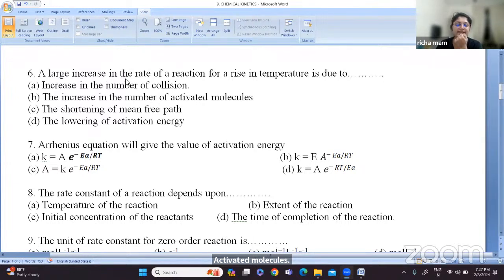So as the temperature is increased, the rate of reaction also increases. So what will happen?